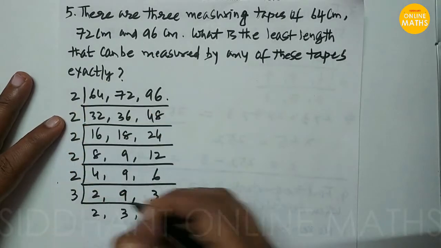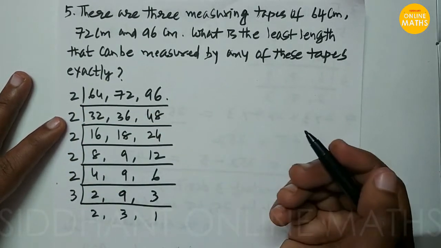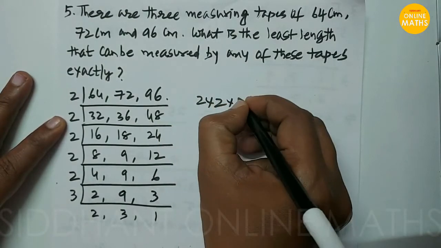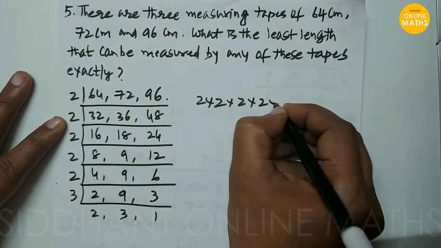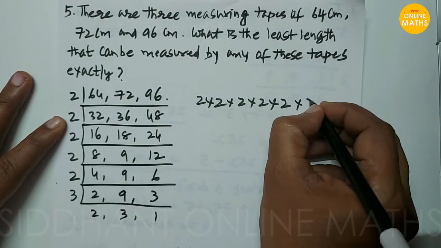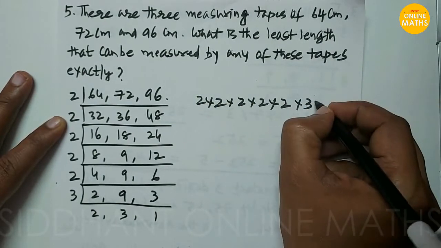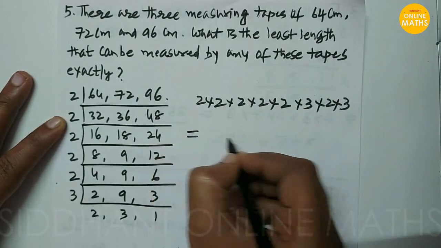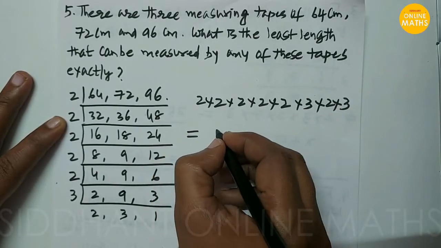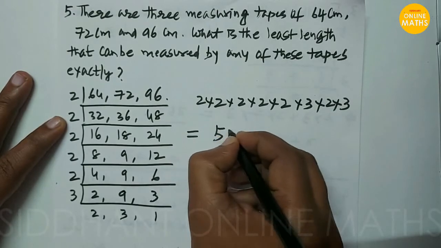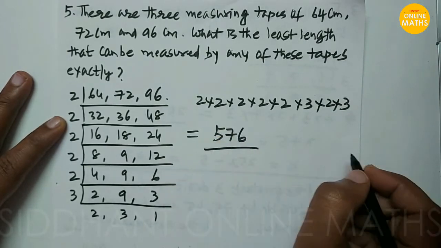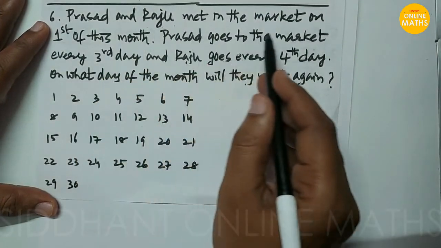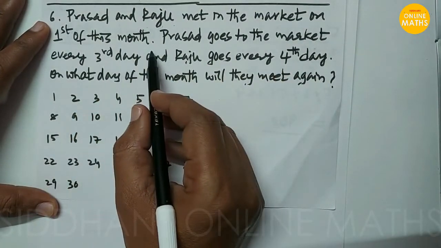So now we multiply the divisors and remainders here. So 2 into 2 into 2 into 2 into 2 into 3 into 2 into 3. So when you multiply, you get the number 576.